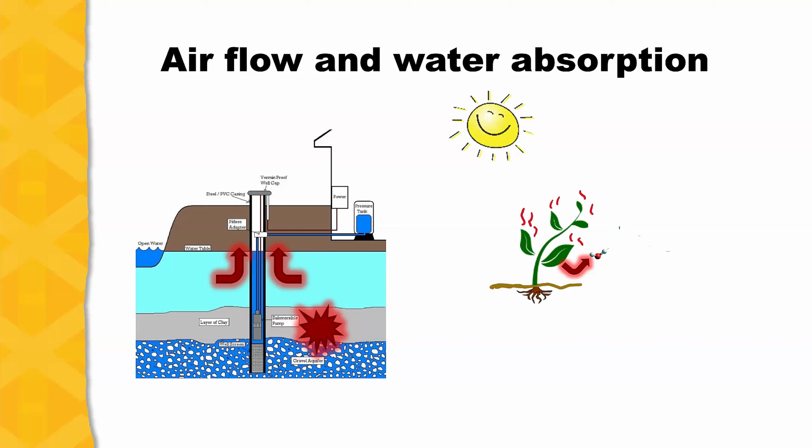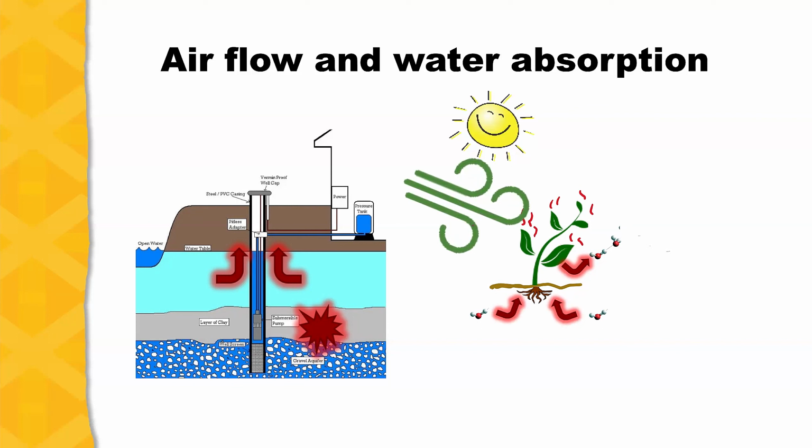So that means there's a continuum of water molecules from the leaf of the plant to the stem, to the roots, to the water molecules around the root zone. Air comes and pushes these water molecules. The physical act of pushing the water molecules means that it's pulling more water molecules, this continual chain, from the leaves to the stem, through the roots, from the water molecules around the root zone of the plant.